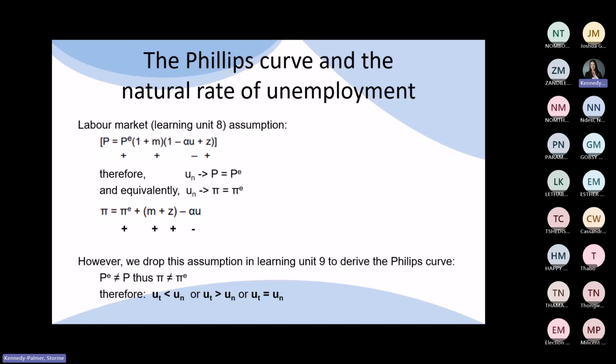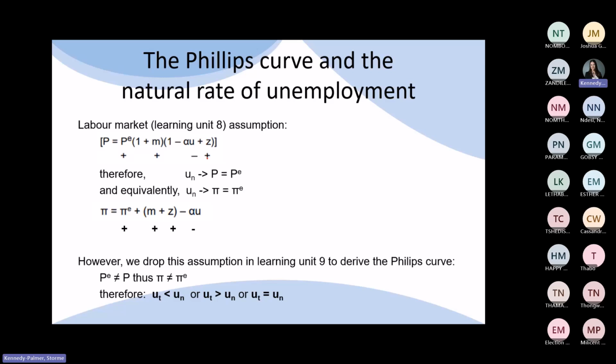So in learning unit 8, the labor market, we assumed that the expected price level was equal to the actual price level. And under this assumption, wage setting and price setting determined the equilibrium level of unemployment, also called the natural rate of unemployment.